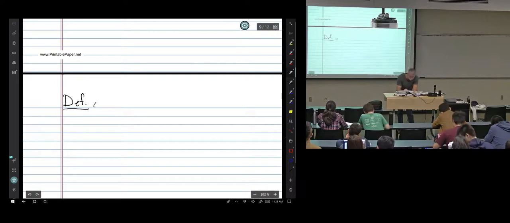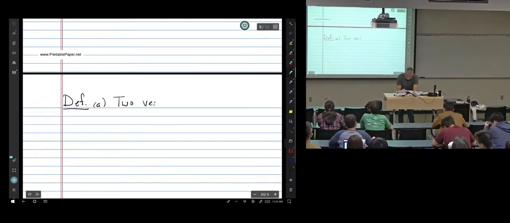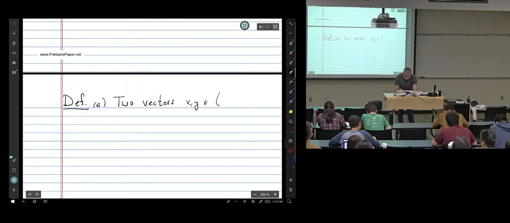Okay, definition. It's going to have a couple of parts. Two vectors, x and y, in a vector space, and this part I don't really care whether it's real or complex, they are orthogonal.